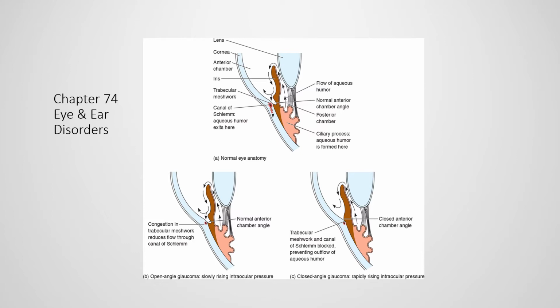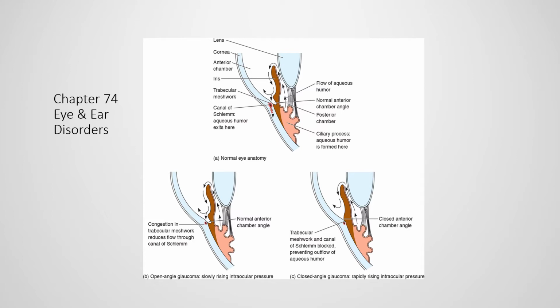And then the aqueous humor drains out there. If you think about it, there's really only 2 ways to increase the pressure in the eye, because that's what we're going to be talking about soon. You either have a blocked trabecular meshwork, or you make more aqueous humor, which is very unusual.